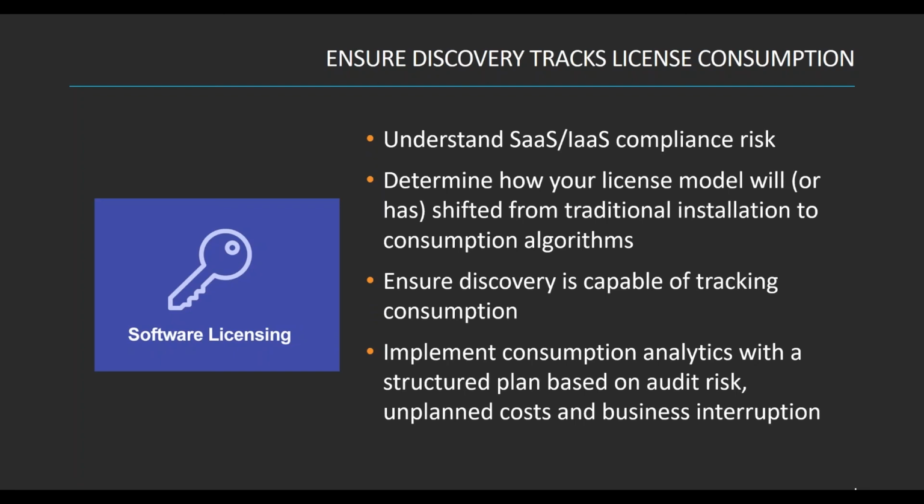So we need to put in place these consumption analytics with a structured plan based on audit risk, based on unplanned cost and business interruption in mind, so that we don't get the situation that a lot of people run into, which is this runaway IaaS expense, which isn't handled with their current budgeting processes.